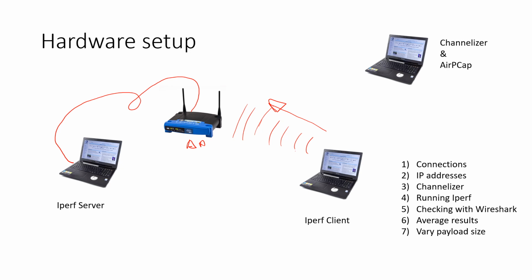Now, in order to make all of this work, we do have to ensure that we've got the access point and the IP server PC and the IP client PC set up appropriately. So there are a few little things that we need to do, and there's a slide that we'll jump onto after we finish this slide, which will help you if you don't understand. But you have to ensure that the IP server, IP client, and access point all have IP addresses on the same network address.